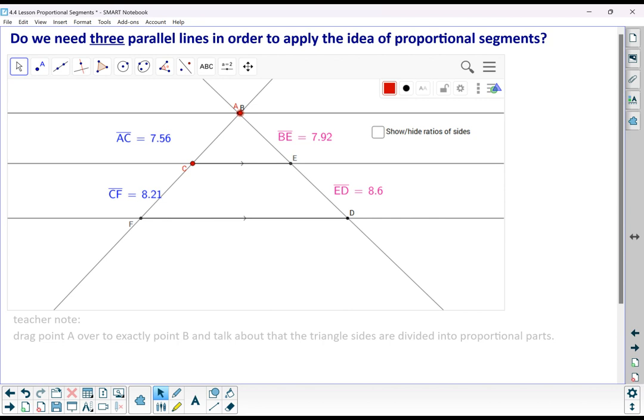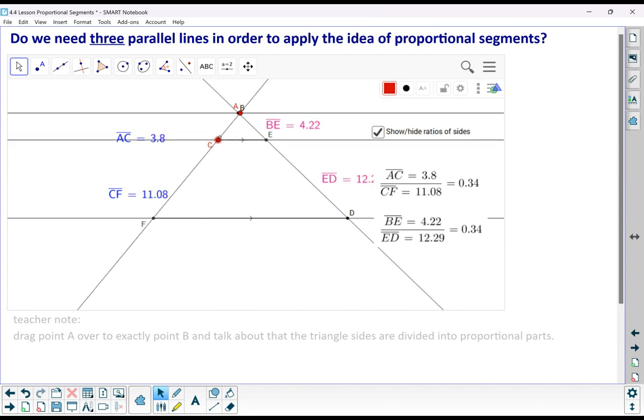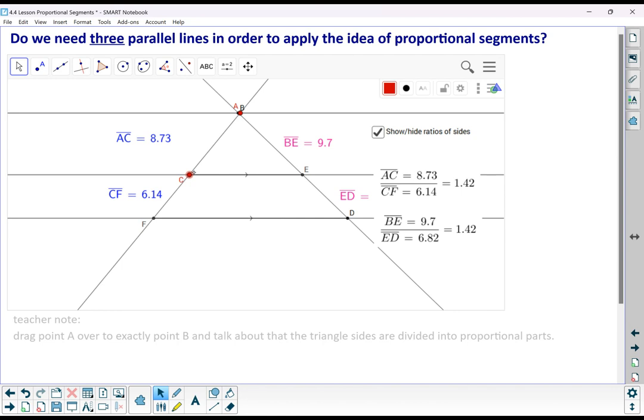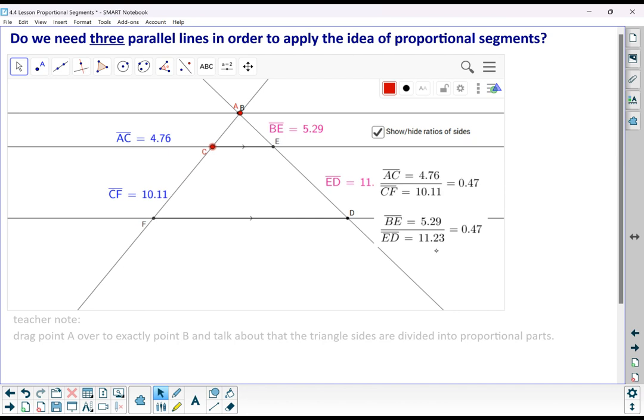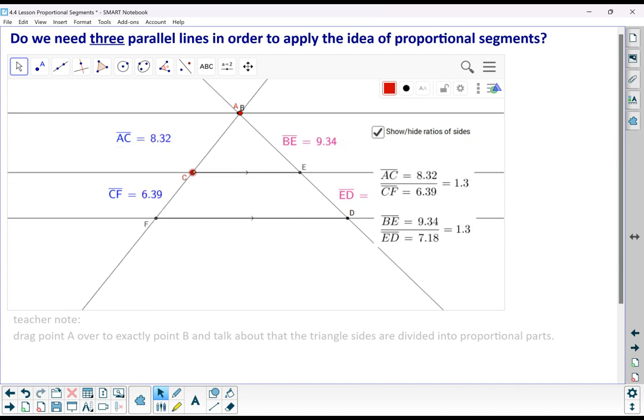In that case, I don't actually even need that third parallel line to apply this theorem, and we still have proportionate segments. If I move point C around, for example, I still have these two ratios that are the same.